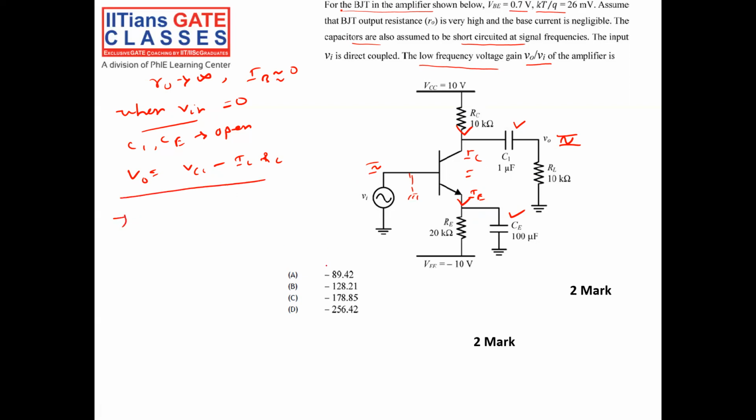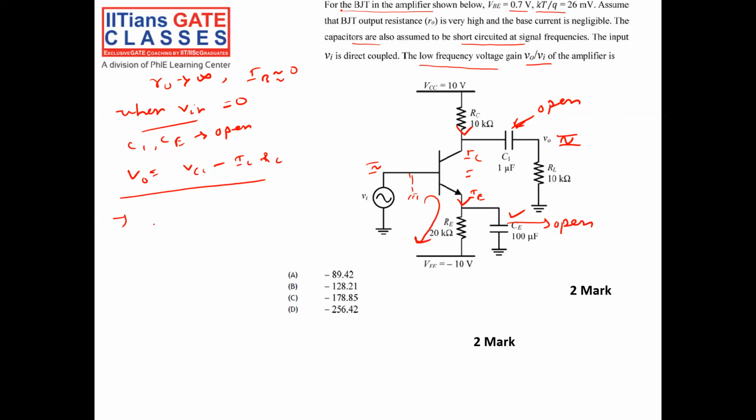First thing is I need to calculate the DC parameters, because the AC is superimposed over the DC. So initially the Vin is not there. I will just calculate DC. This is open. This is open. This is also open for DC. Now you will put a loop here.